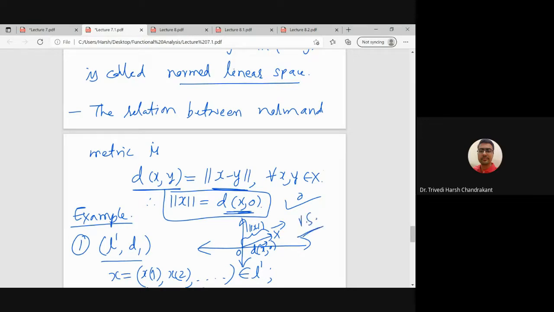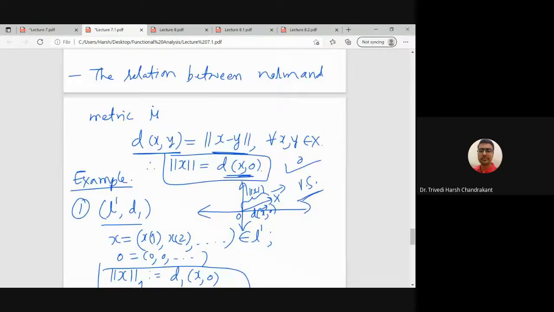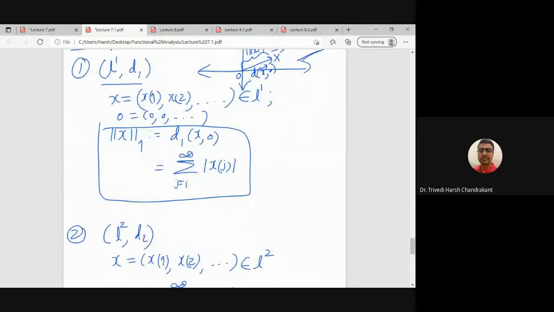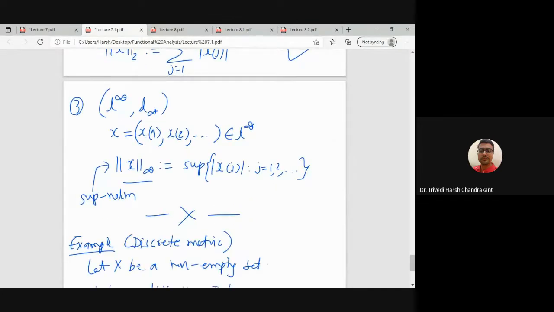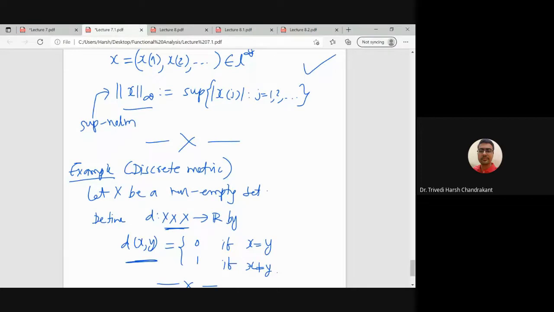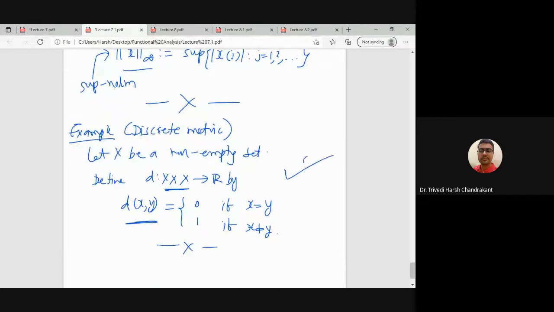Otherwise we cannot use this. Okay, so we define the norm which comes from the metric in the case of L1, L2 and L infinity. So L1, L2 and L infinity are normed linear spaces, and yeah, so this metric is very interesting.